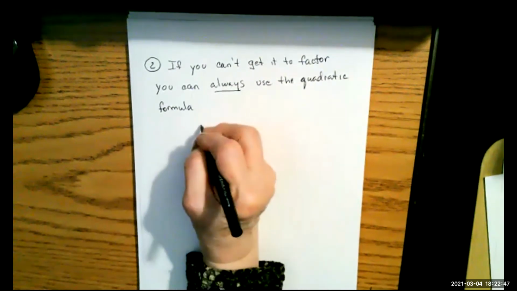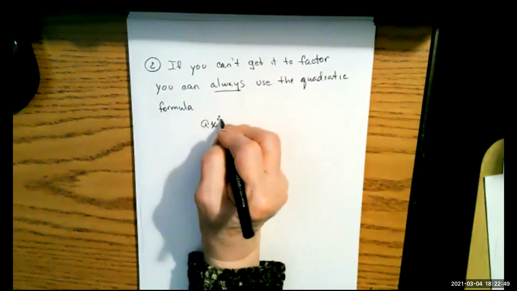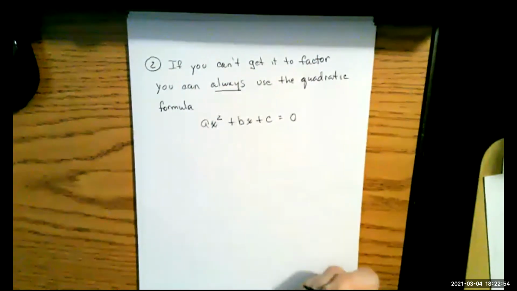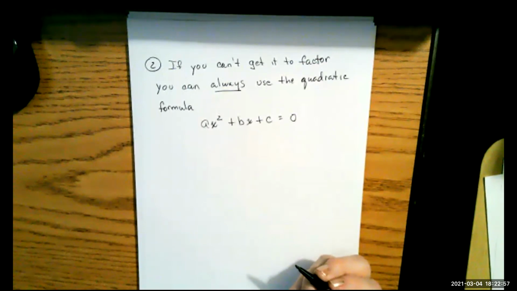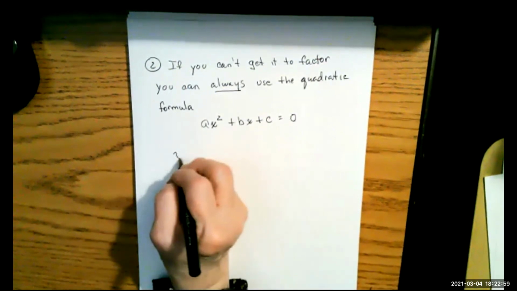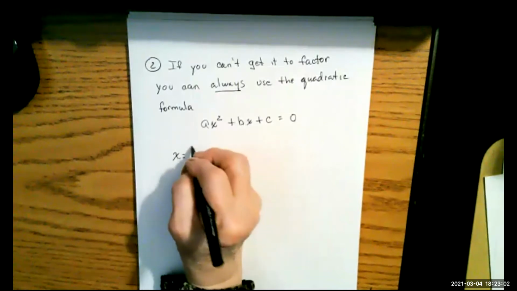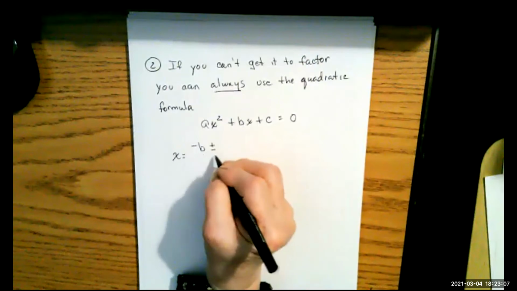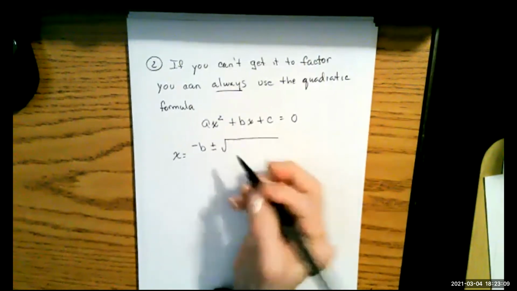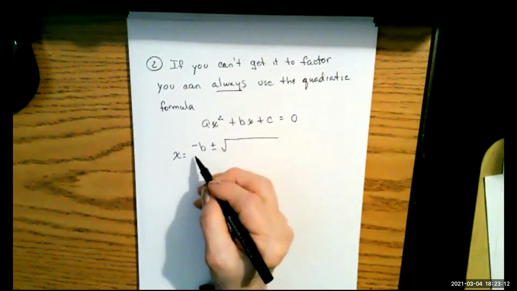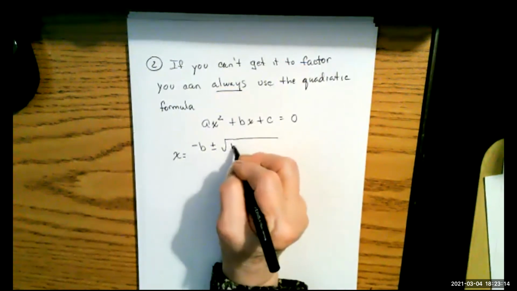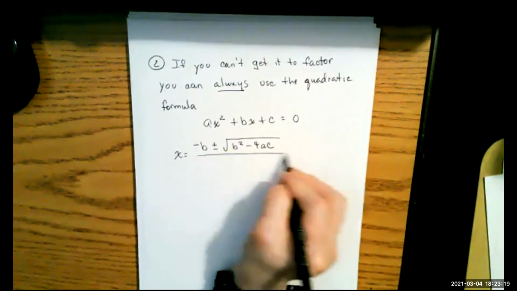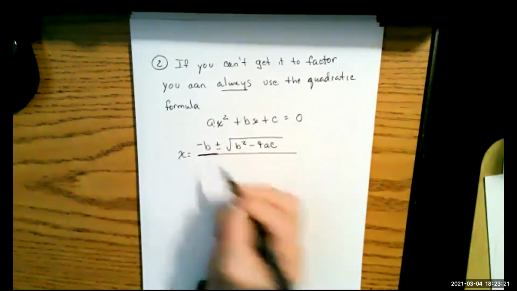Now let's see what the quadratic formula is. If you have ax squared plus bx plus c, that's your quadratic equation. To get your x's, it's negative b plus or minus. Don't forget that says plus or minus. That's going to give you two different solutions, one with plus this, one with minus this. b squared minus 4ac. And be sure that you draw your line over this part too.